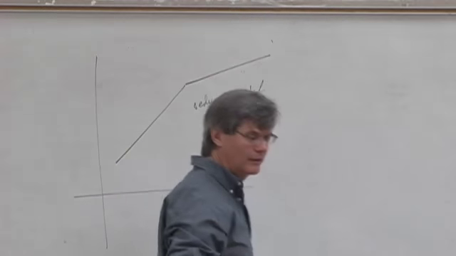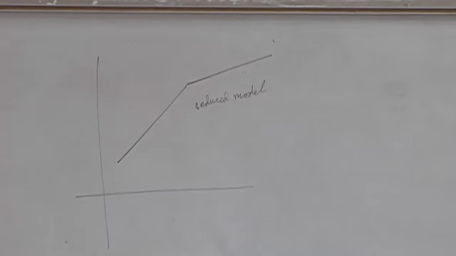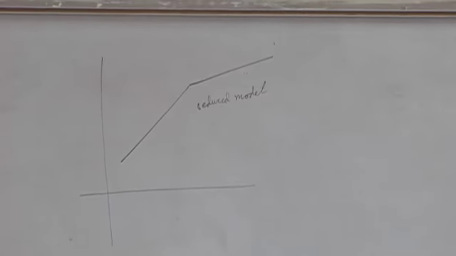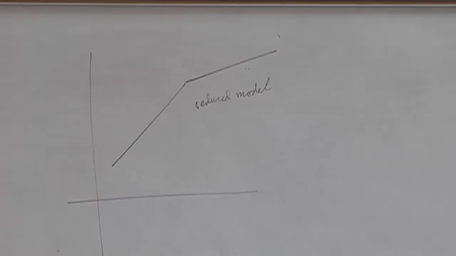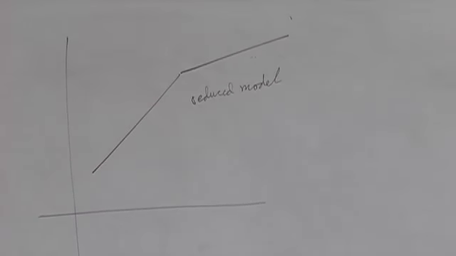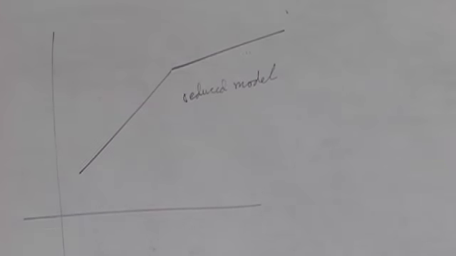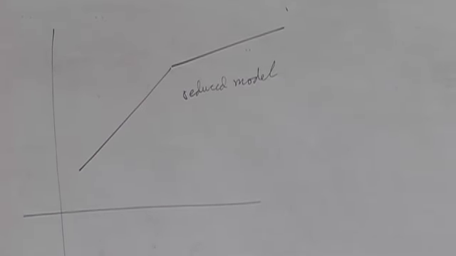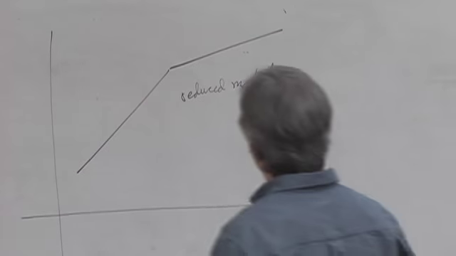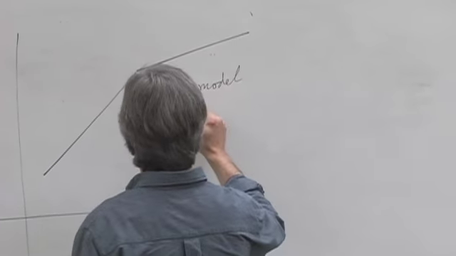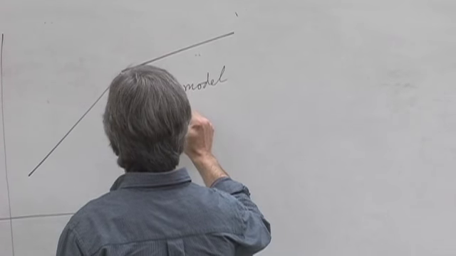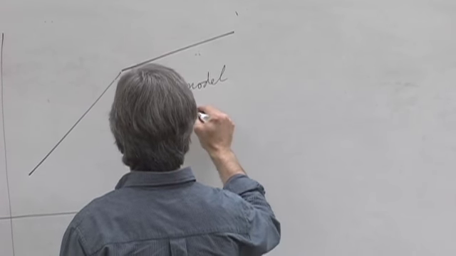The slope changes, and this is a reduced model where the spline is continuous.